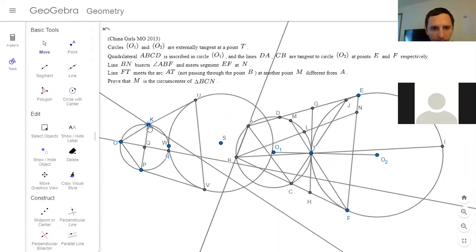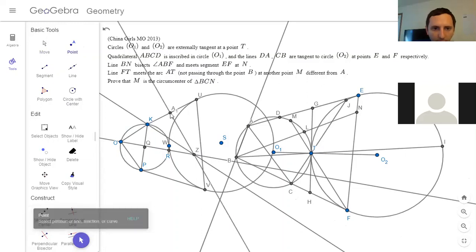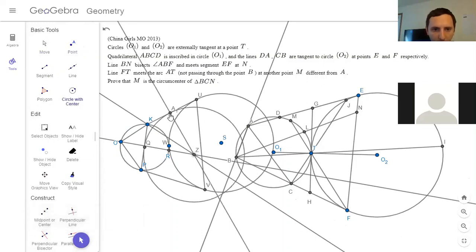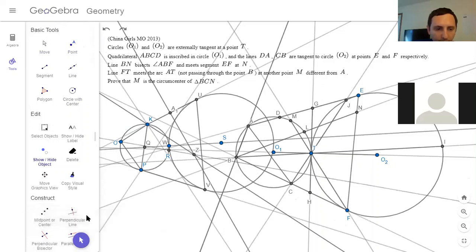Sorry, do you guys have an idea of what I'm doing wrong? So this would be the excenter, Z. And let's just check. So yeah, Z is the excenter, but it doesn't lie on UV. So I'm trying to figure out what I'm doing wrong here.